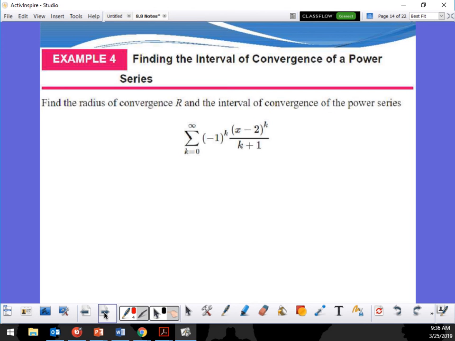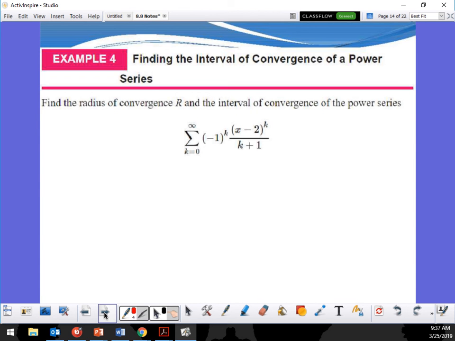Let's try it. Since this is an alternating series, what do I do to that little nasty over here? Take that piece out, and then plug it back in, because no matter what, this is going to be alternating up and down. So if this comes out to be greater than 1, then that alternating series is going to diverge. If this is less than 1, then the alternating series is going to converge, right?